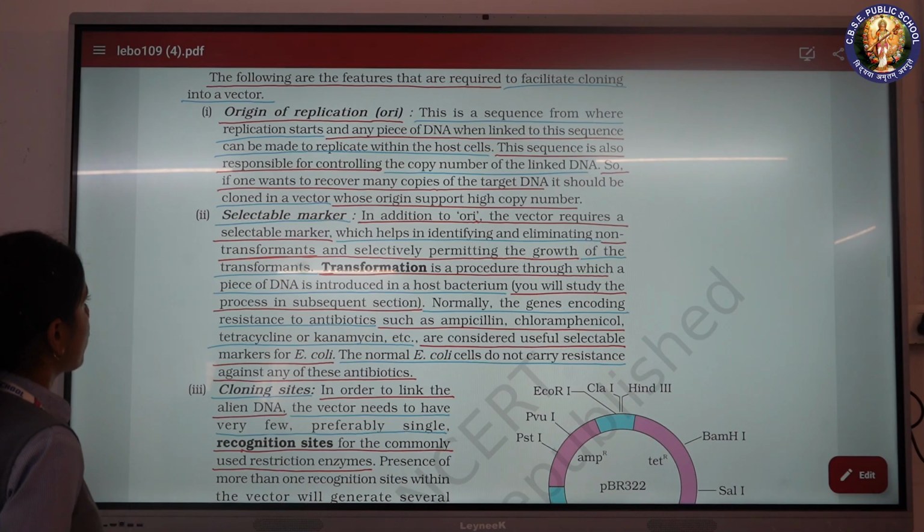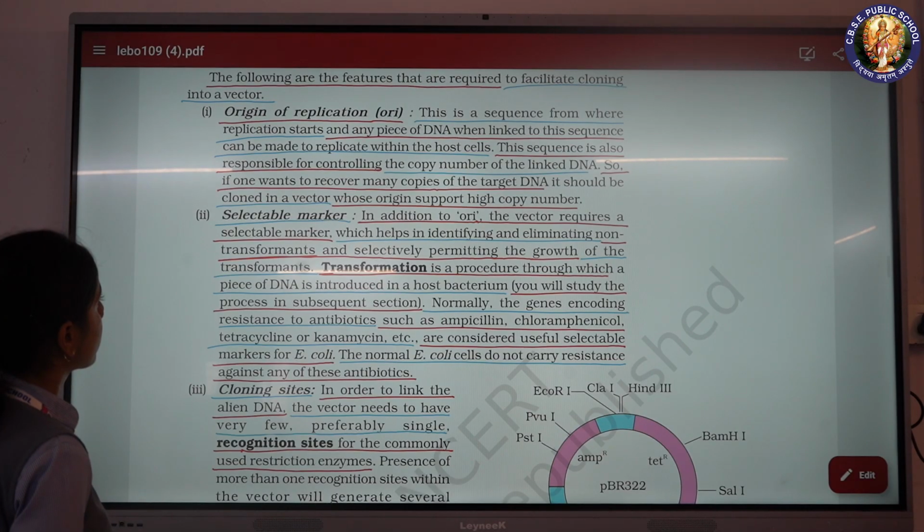Origin of replication, ORI. This is the sequence from where replication starts, and any piece of DNA linked to this sequence can be made to replicate within the host cells.